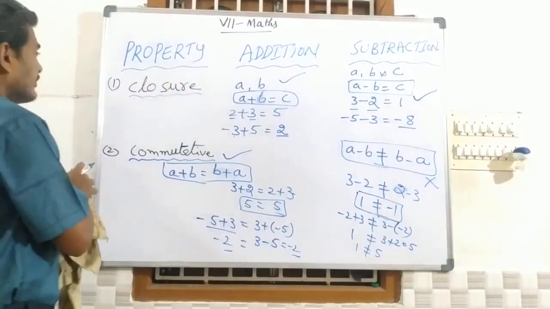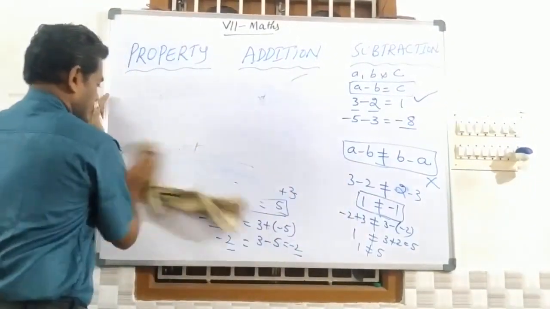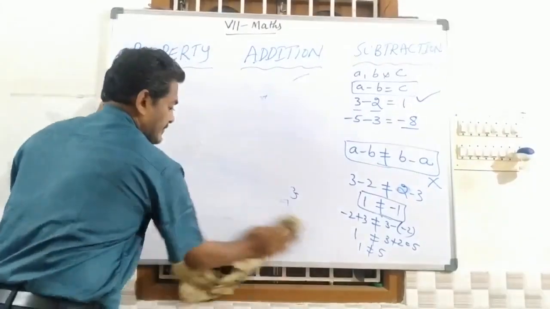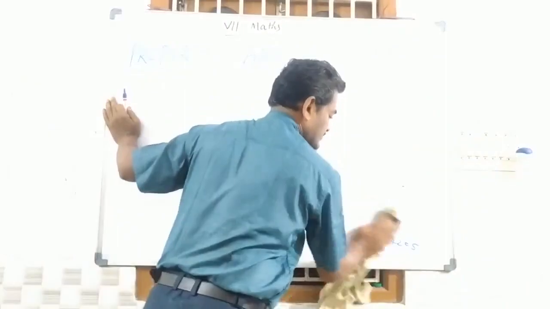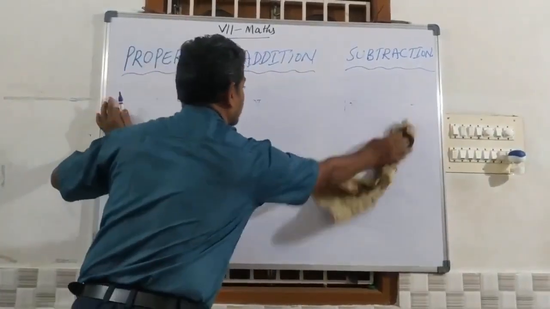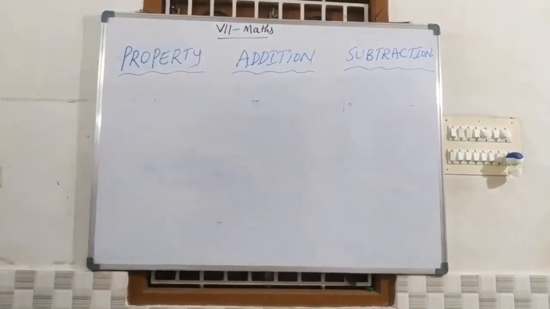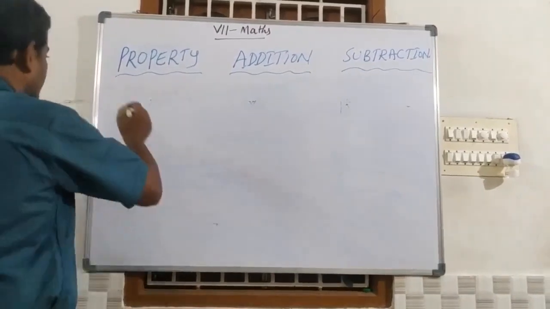Now we go for another property. Third property, associative property, associativity or associative property.